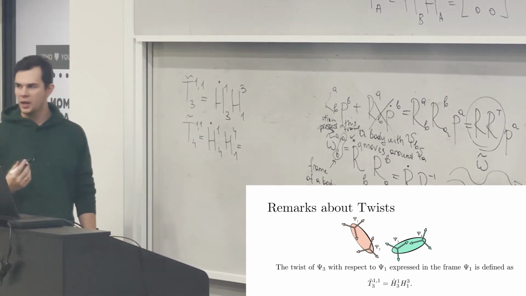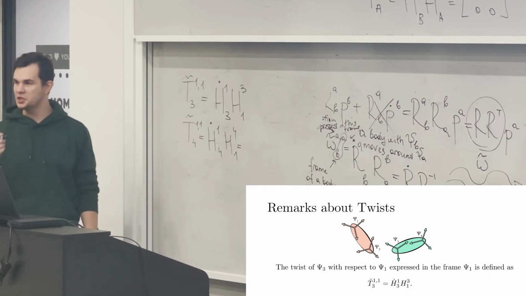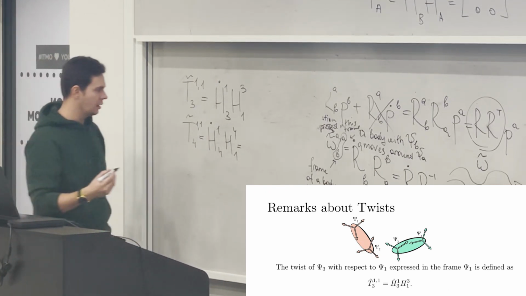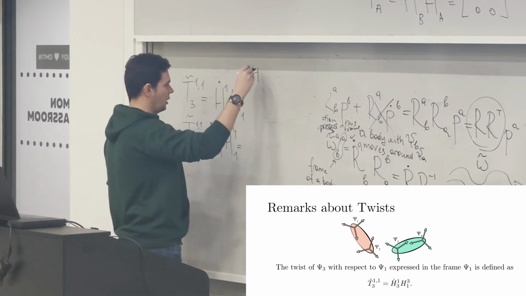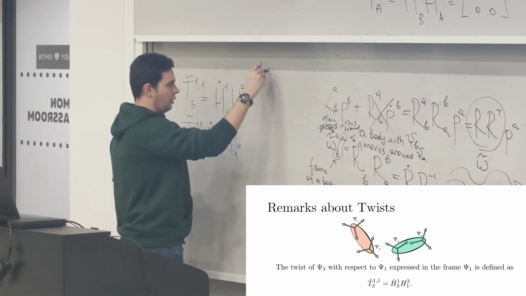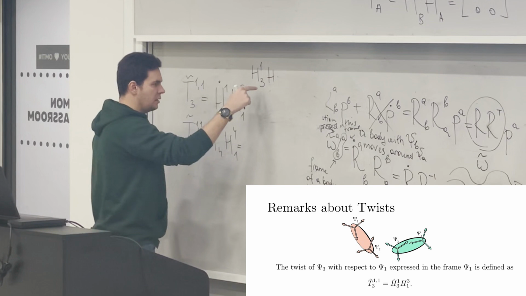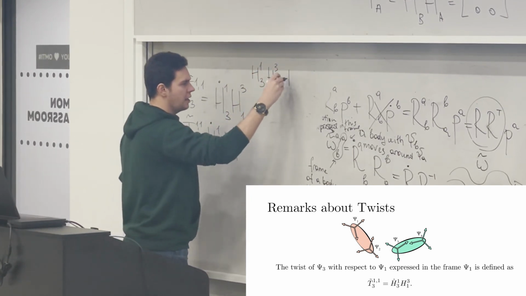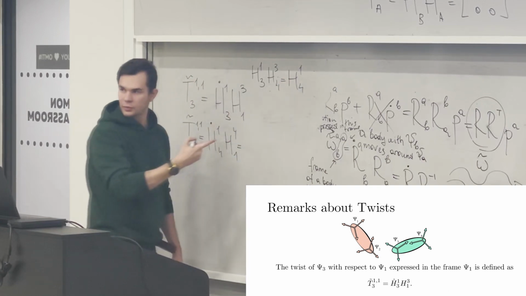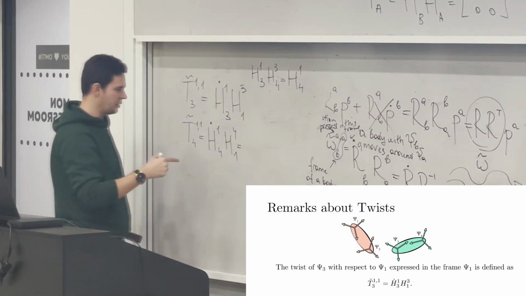But we do remember the chain rule. So for the chain rule, it will be like H13 times H34 equal to the H14. Do you agree? So let us put it here.